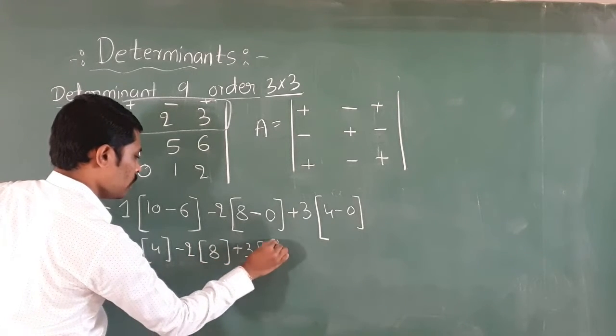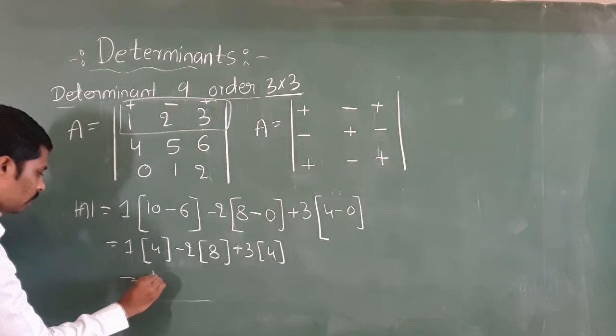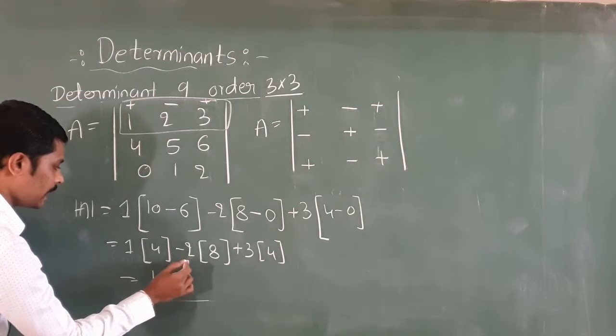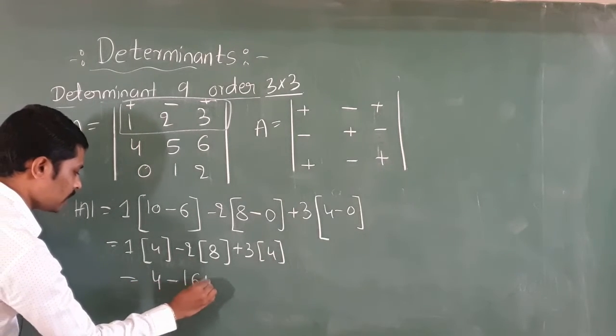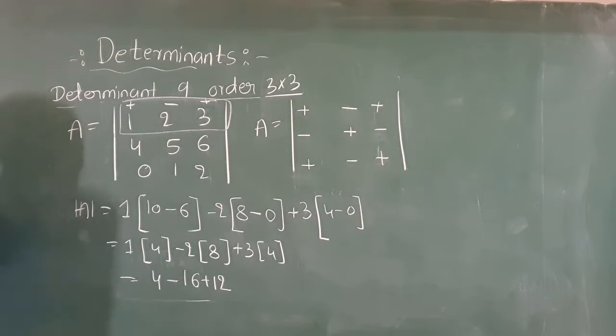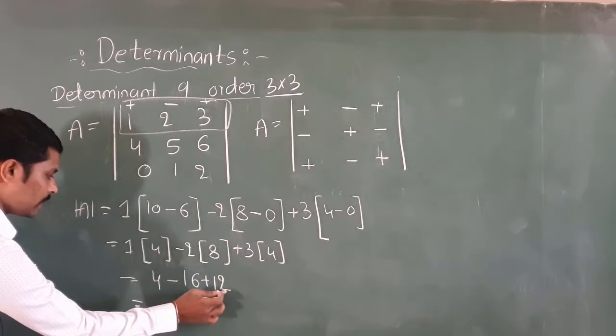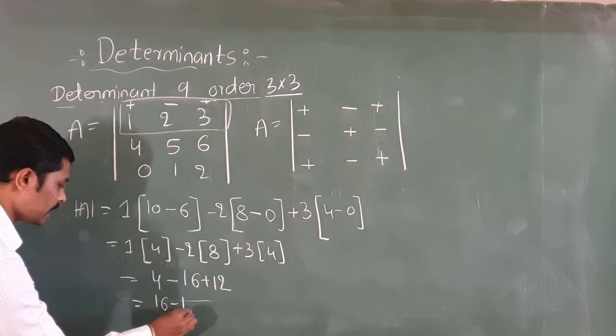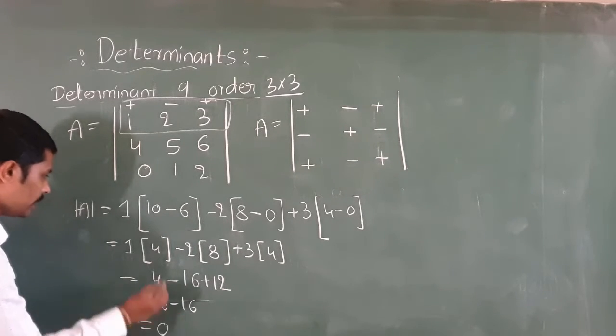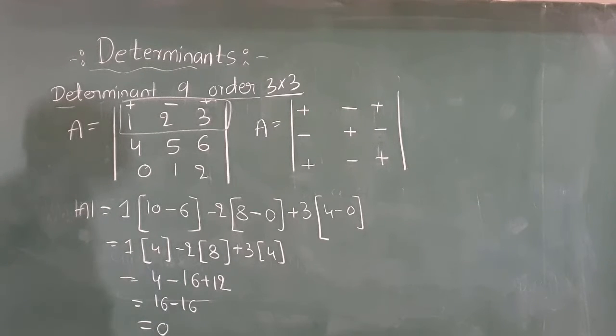4 minus 0 is 4. So it is equal to 4 minus 16 plus 12. This becomes 4 plus 12, you will get 16 minus 16, so the determinant value is equal to 0. Okay.